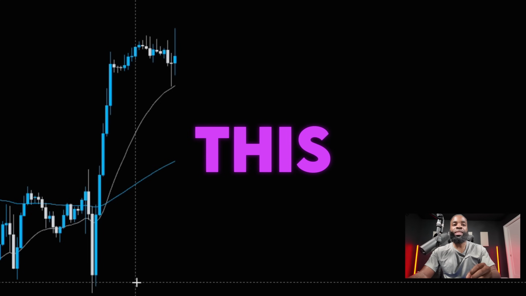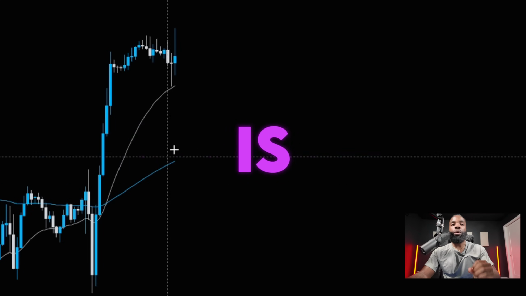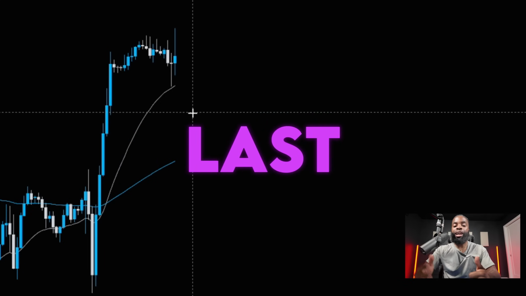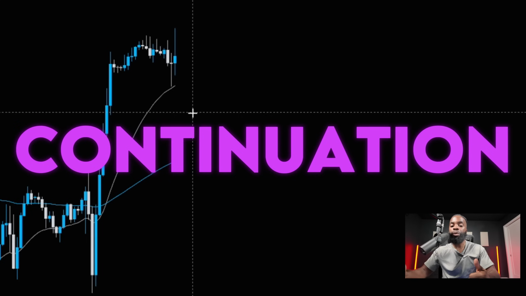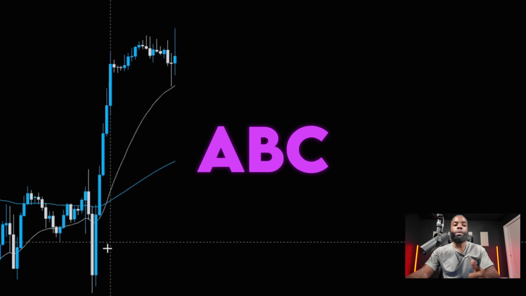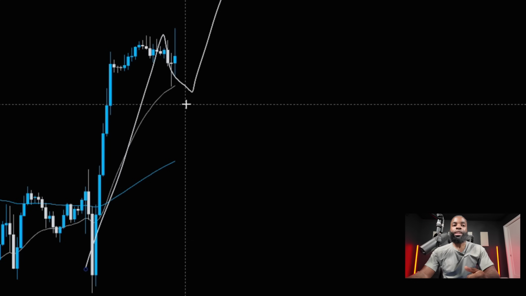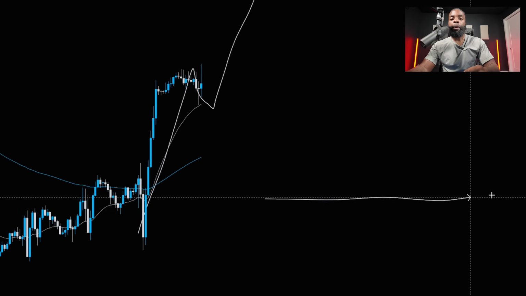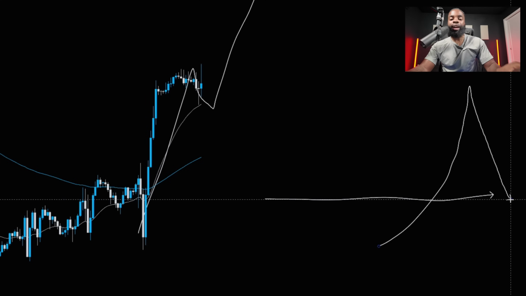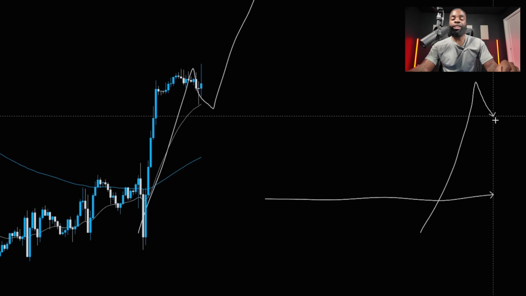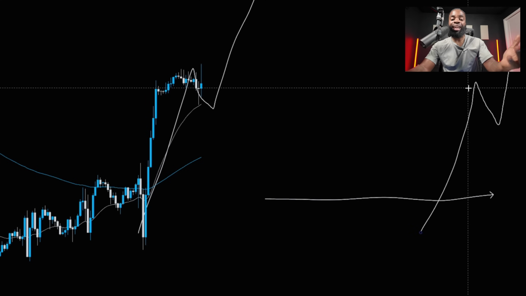The reason behind this is because typically the market does create what we call a last pull to the upside, known as a continuation, which is really your ABC pattern. Essentially, when you catch that very first pull from an aggressive breakout, it does not give you an aggressive pullback yet. What it does is an exhaustion, and it's also basically taking out liquidity.